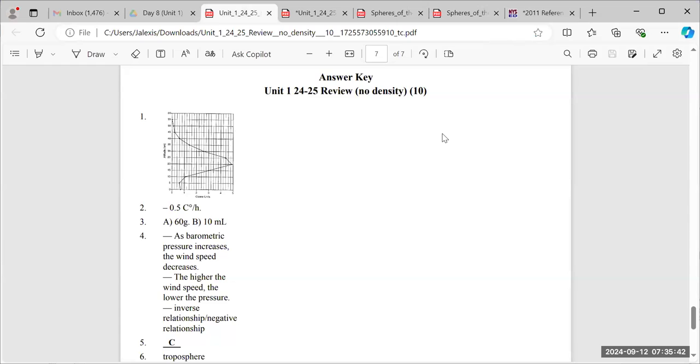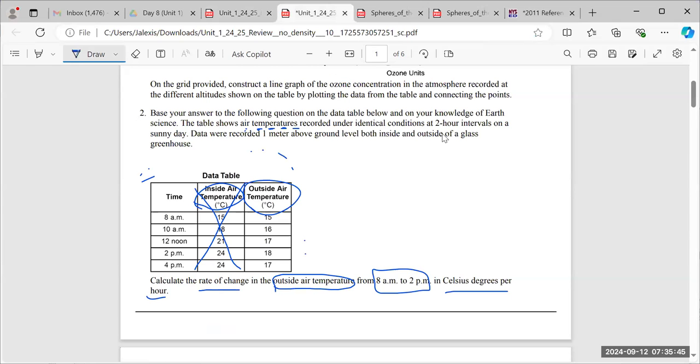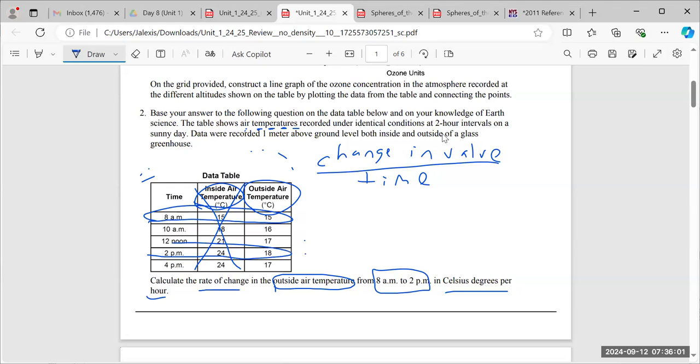So rate of change is equal to change in value over time. All right. So what is my change in value? It was 8 a.m. to 2 p.m. So my value was originally at 15 degrees Celsius and it changed to 18 degrees Celsius.